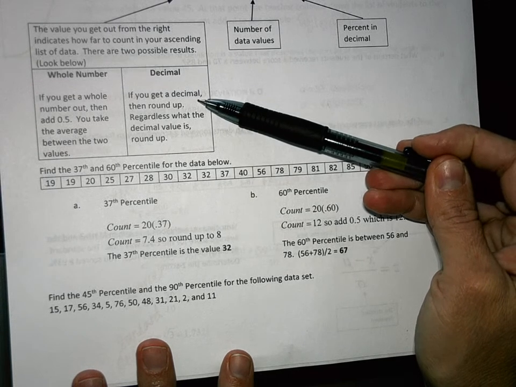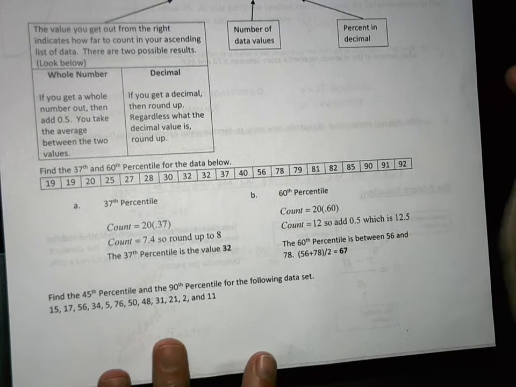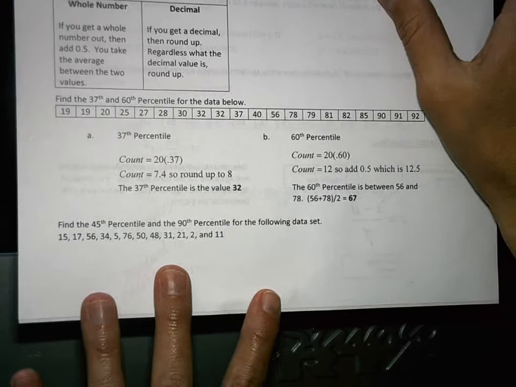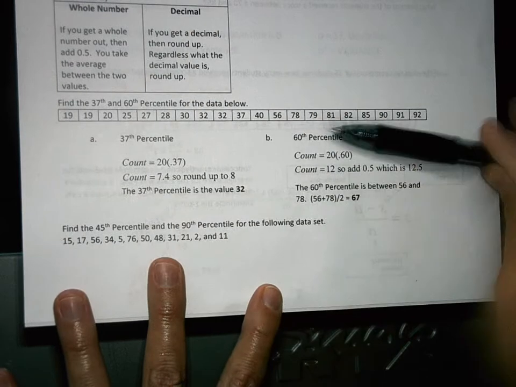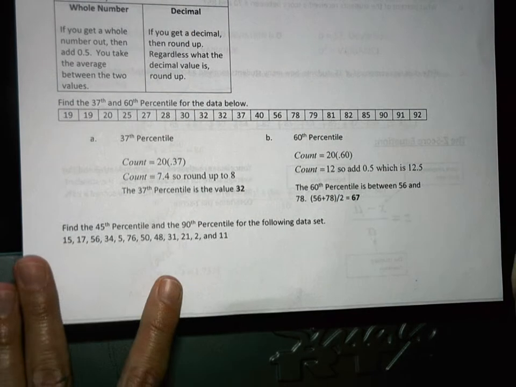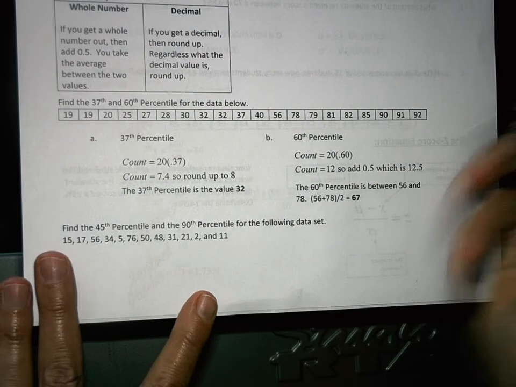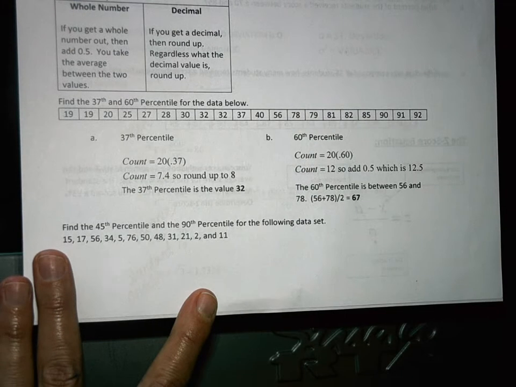Okay, so here's a couple examples. Here's this data set right here. If we were to number these, in fact, let's go ahead and number these. So it goes to 20.